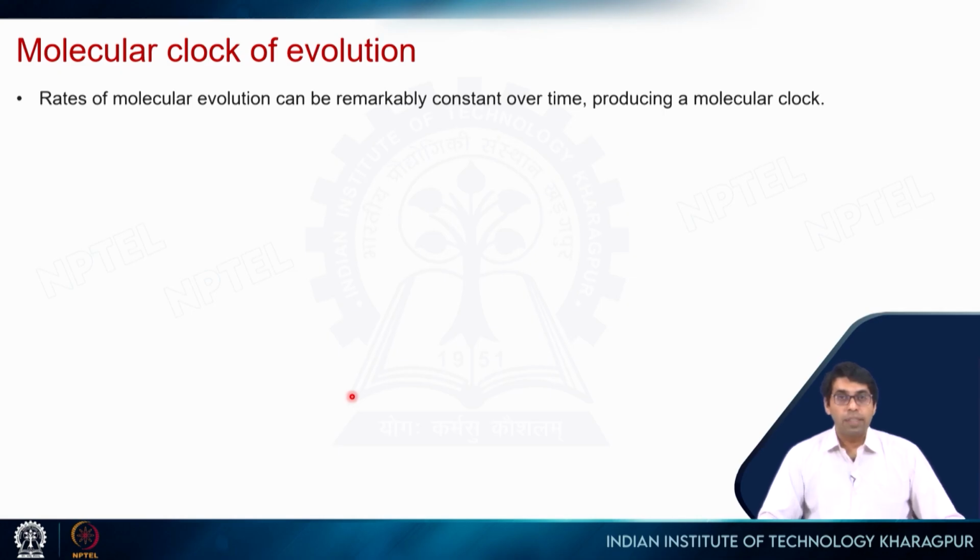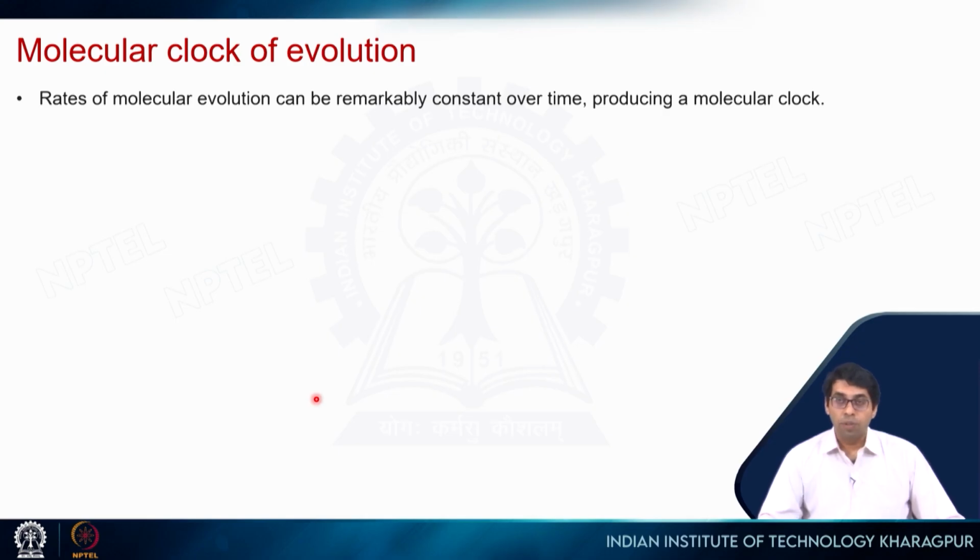So, this type of phylogenetic tree helps us to determine how long back in the past two species diverged, right. Whenever we talk about this time, it means that we are talking about some clock. So, where is this clock coming from? This clock is coming from the rate of change or rate of evolution or rate of mutations that happen in certain genes.